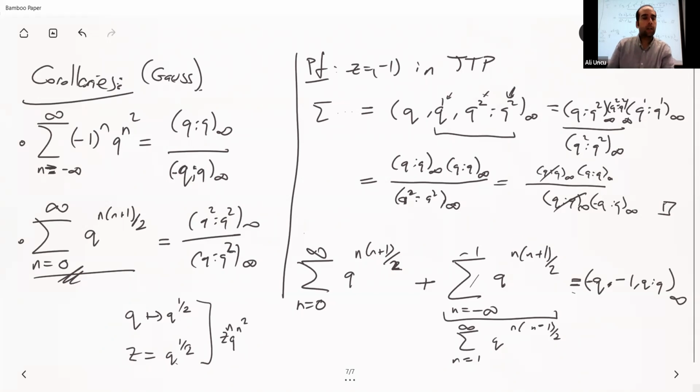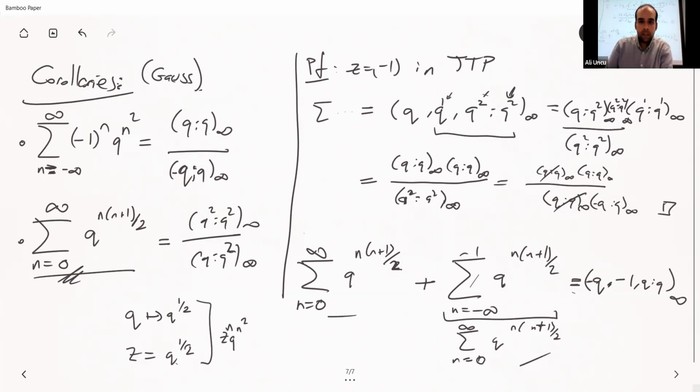How shall it change here? These n's should be shifted up once, right? So this first n would turn into n plus 1, and this n minus 1 would turn into n plus 1 minus 1. So it will be n, but I will start from 0, and this would be a plus 1. Now look at that. I get 2 copies of the same function. Well, perfect.